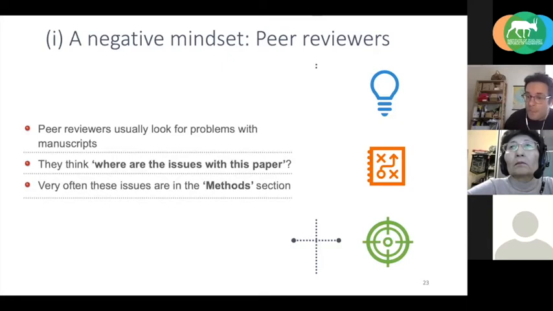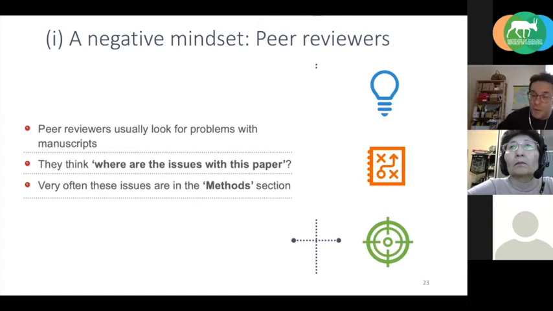They often look at papers from a negative mindset. They often think, where's the problem? How can I find an issue with this paper? Often they think, how can I stop this paper from getting published? So if you know that most peer reviewers, unfortunately, are quite negative about papers, you can prepare yourself before submission.